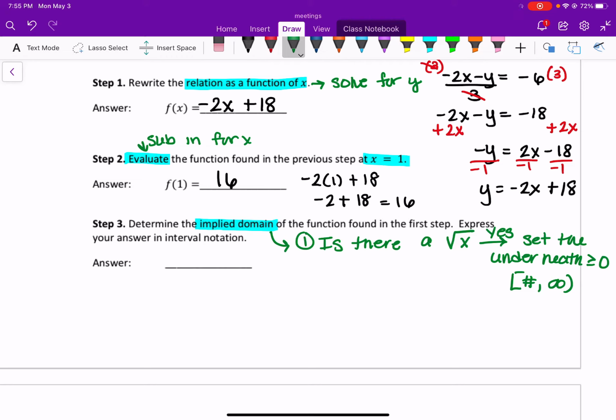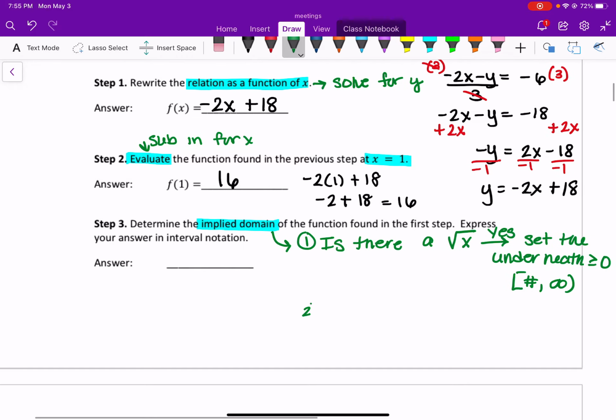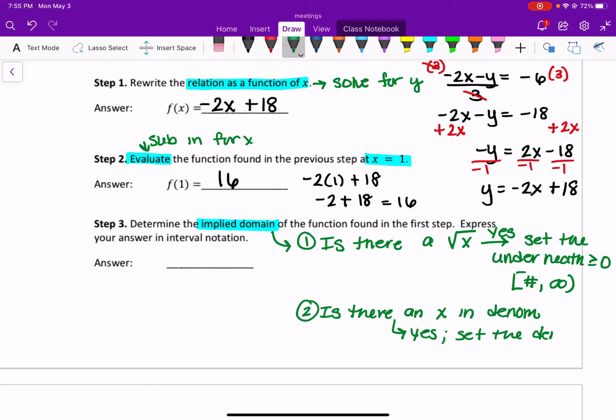with a parentheses. The second question we're going to ask ourselves is, is there an x in the denominator? Okay, if we say yes to this question, then we're going to set the denominator equal to 0. And our interval notation is going to be with a union.